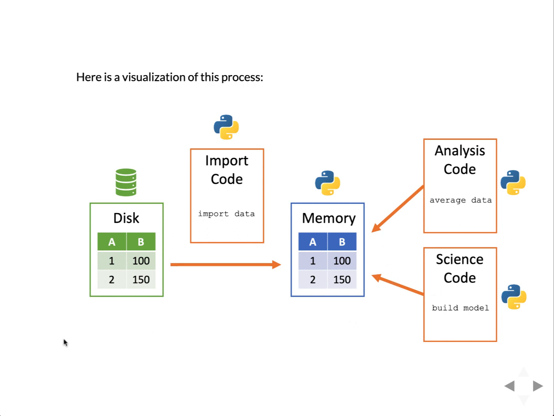Now, an important thing to remember in this process is that the second that we actually turn off our Python session, or let's say we shut down our Jupyter Lab, then the data that we had stored in Python memory, that is gone. It is no longer accessible. It no longer takes up memory. Okay?